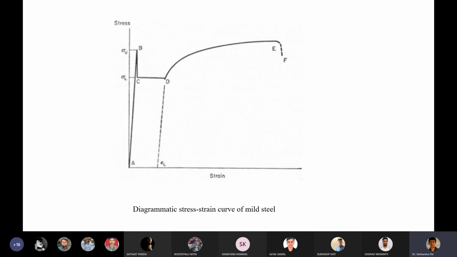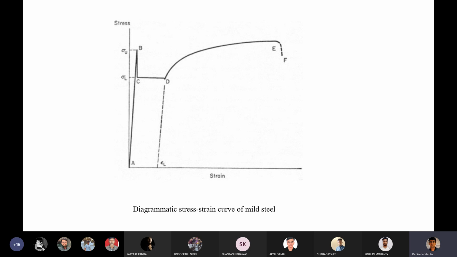Also, it depends upon the material and how it reacts. If you take the example of mild steel, then the progress of deformation can be divided into three stages. If you look at the picture, you can easily understand what those three stages are.